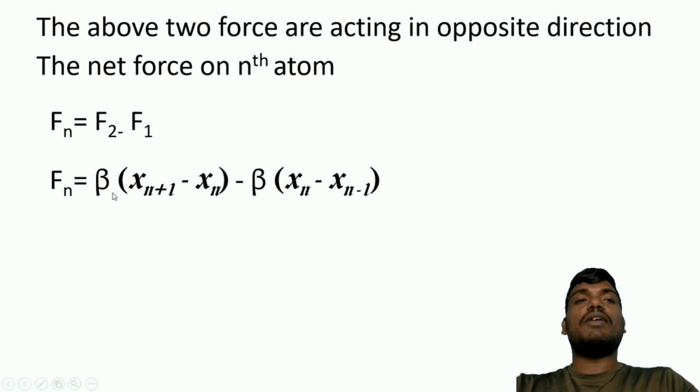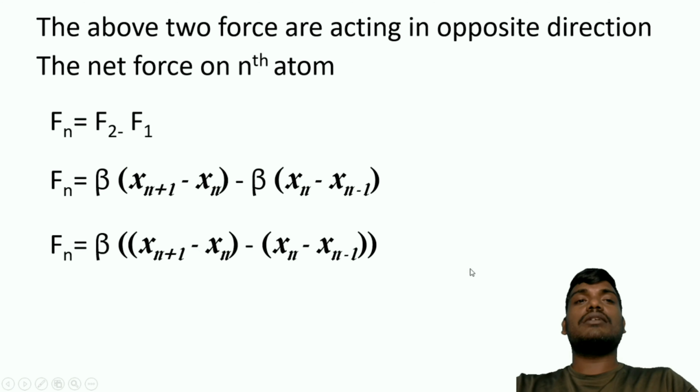Substituting the values, F n equals beta times x n plus 1 minus x n, minus beta times x n minus x n minus 1. Taking beta common, F n equals beta times x n plus 1 minus x n minus the bracket of x n minus x n minus 1.